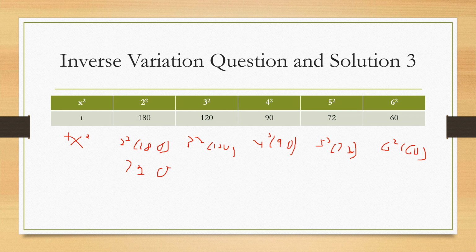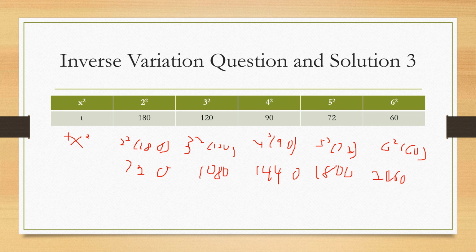70 is 3. So we have writing again. 3 is for 120. 1080 using calculator is 4. 90, 1440, 5, 72, 1800, 6 power 2, 60, 210, 60.